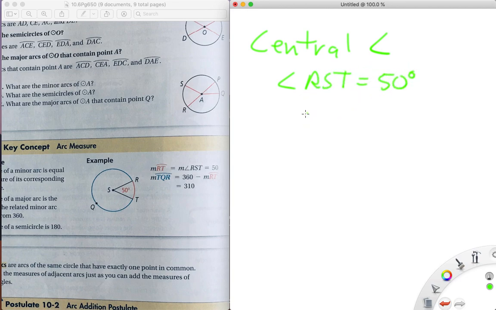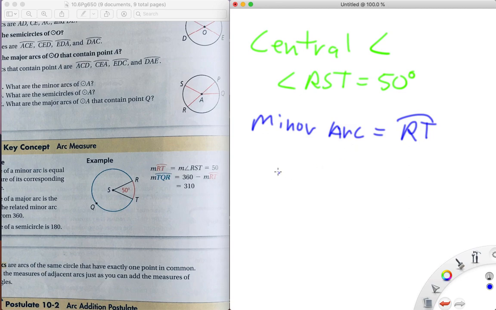Well, the arc length, which is RT, is a minor arc. And it's a minor arc RT.